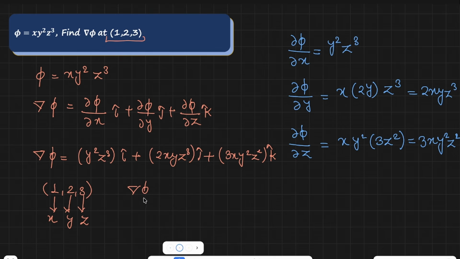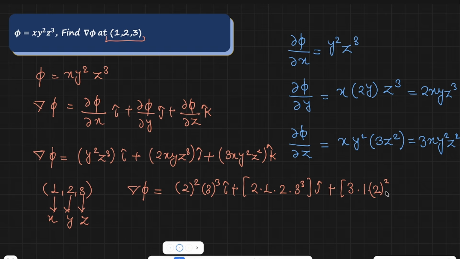Then del phi is equal to, putting y equal to 2, it is 2 square into 3 cube i cap plus 2 into 1 into 2 into 3 cube j cap plus 3 into 1 into 2 square into 3 square k cap.